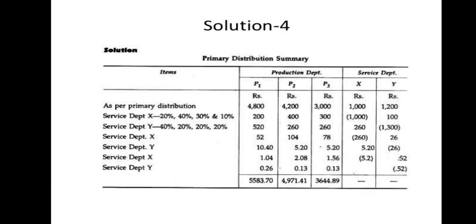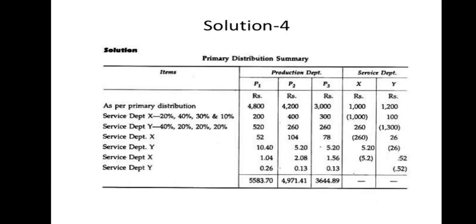So 520 to production department 1, 260 to production department 2, 260 to production department 3, 260 to service department Y. Now we need to take the allocation point wise.